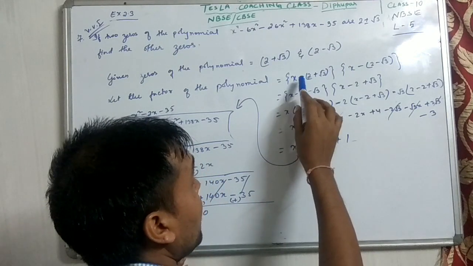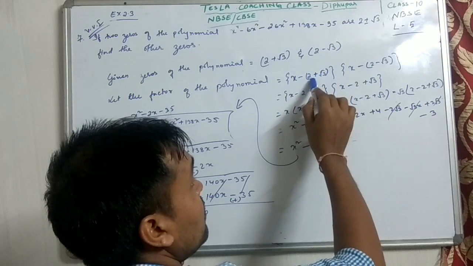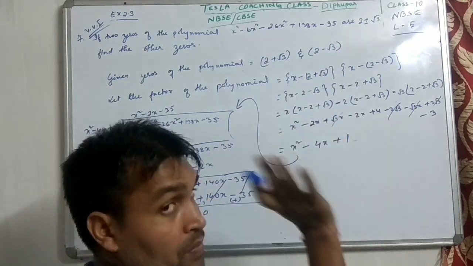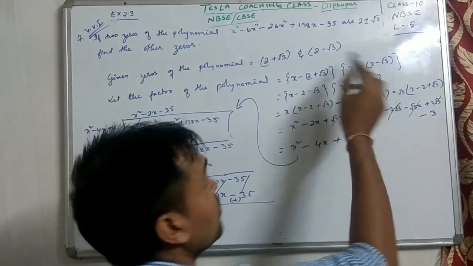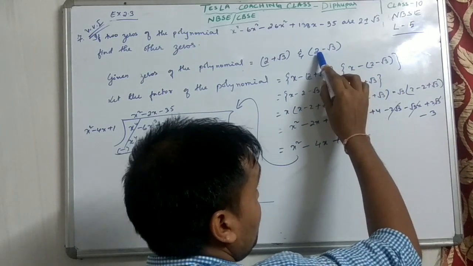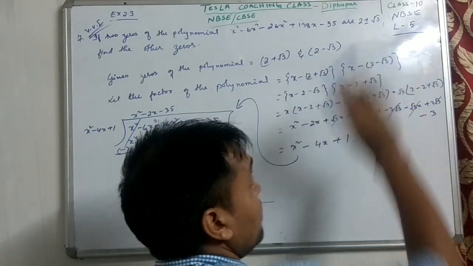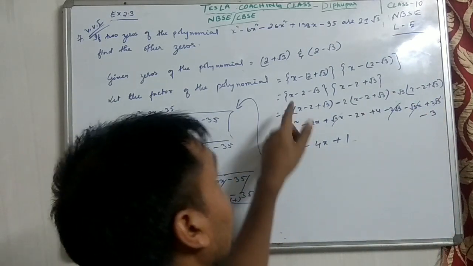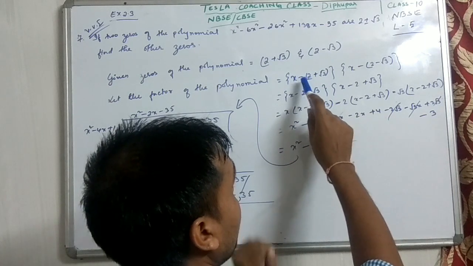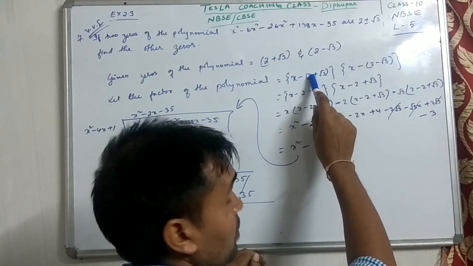So x minus, this is our first zero, so x minus 2 plus root 3, curly bracket, into another one: x minus 2 minus root 3. So we have written here 2 minus root 3, curly bracket closed. Next, we are changing the sign here. x, this is minus, and inside the bracket this is plus 2.